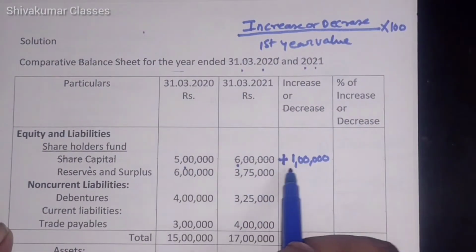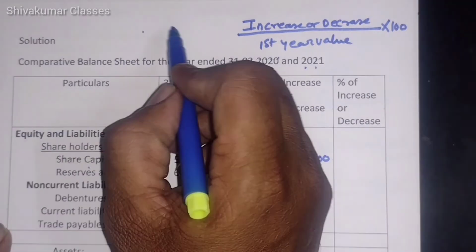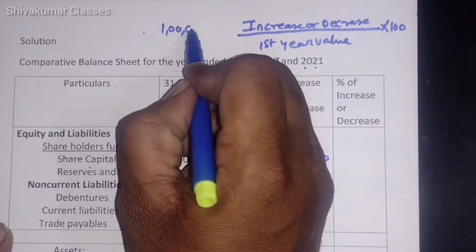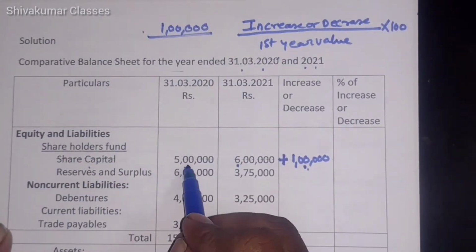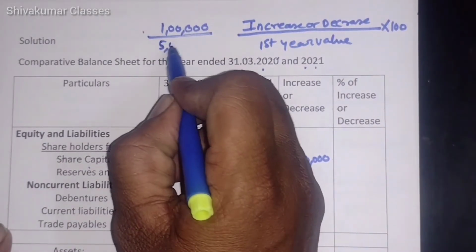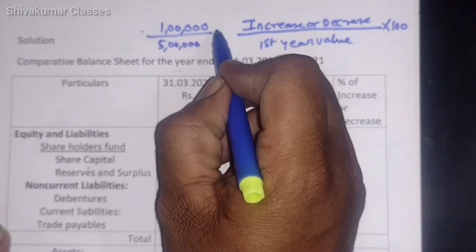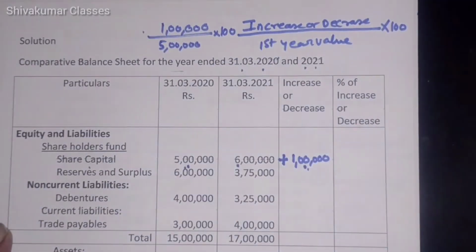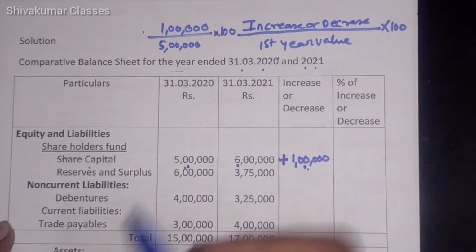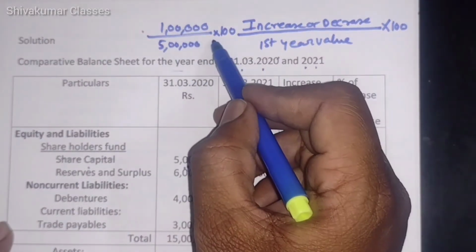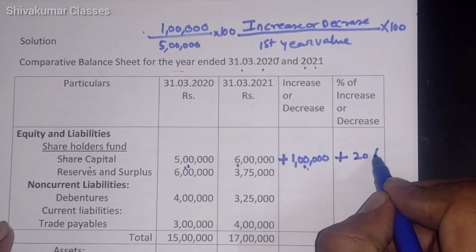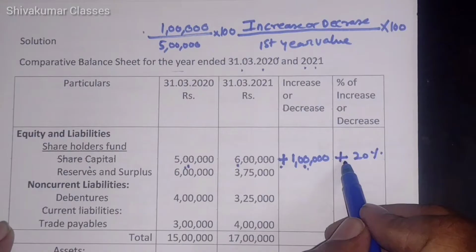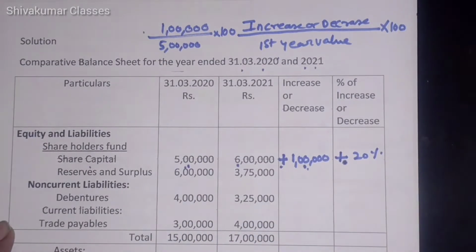Now you see, the increase is 1 lakh and the first year value is 5 lakhs, multiplied by 100. Yes, 1 lakh divided by 5 lakh into 100. We get 20%. If it is increased, here also the increased symbol is plus. That's it.